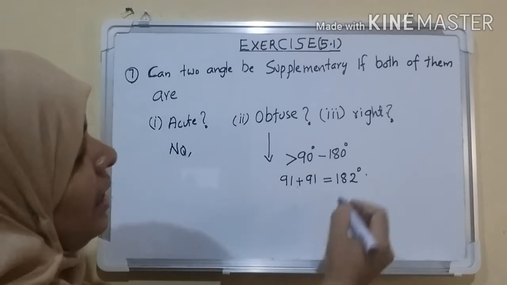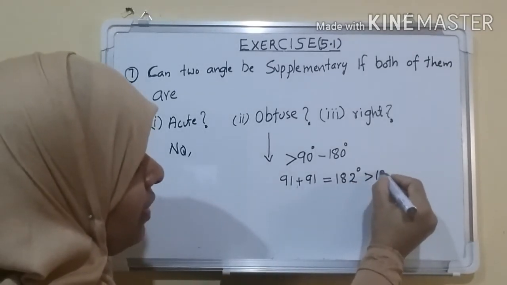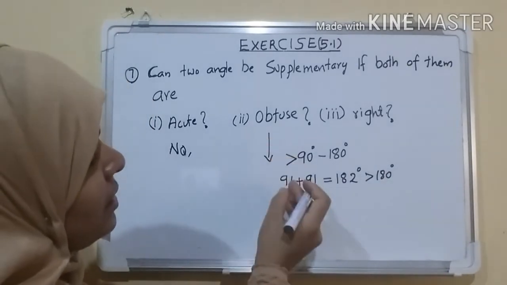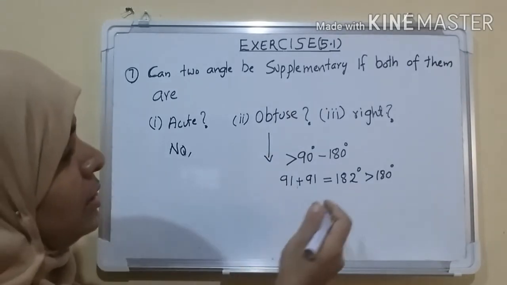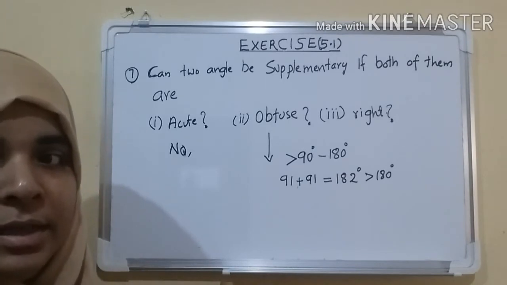From this example, we can say that this is greater than 180, right? Here we have taken the smallest obtuse angle, and then also we got the answer: their sum is greater than 180 degrees.